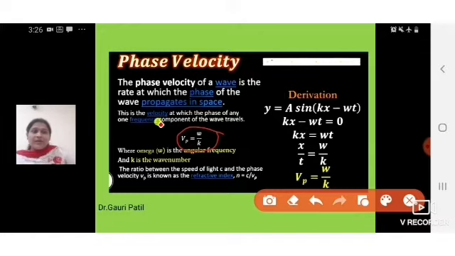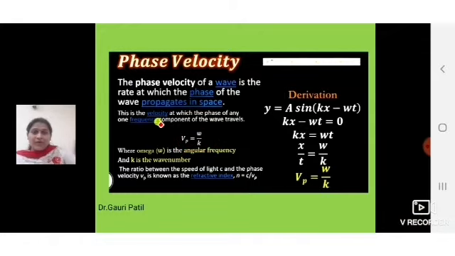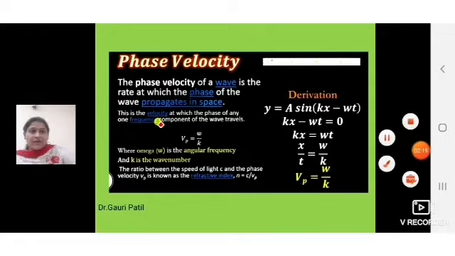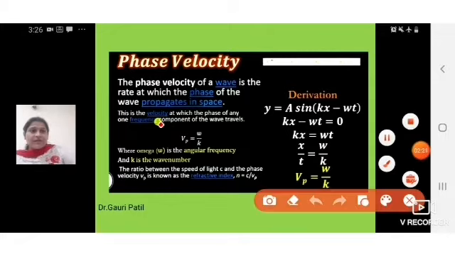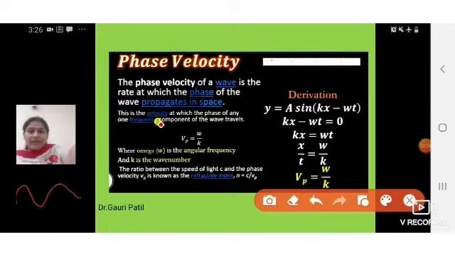If you consider any wave or wave particle, I will draw it. Imagine this is the particle with which the wave is associated. Suppose this wave is represented by the equation y is equal to a into sine of (kx minus omega t).